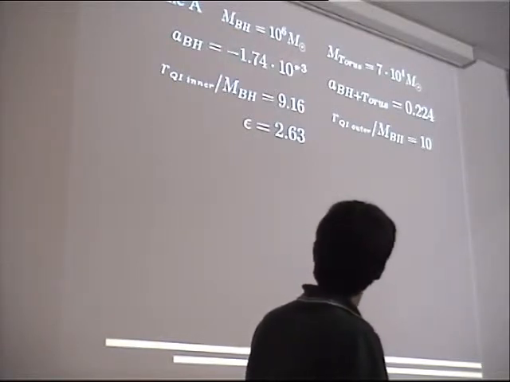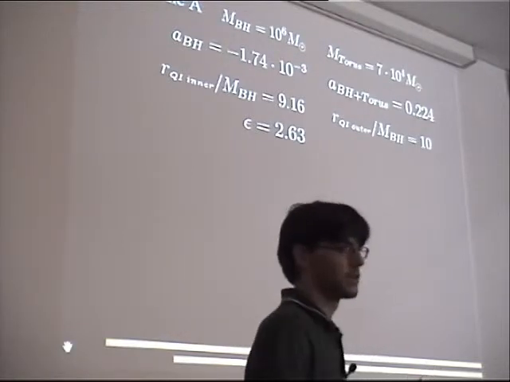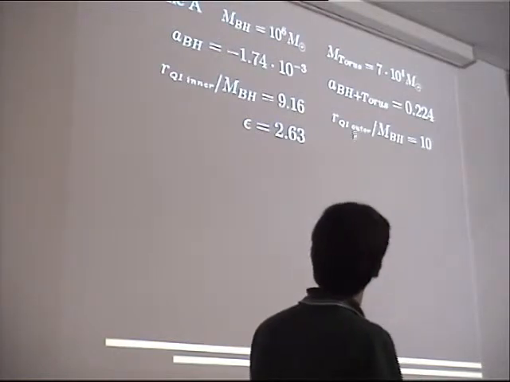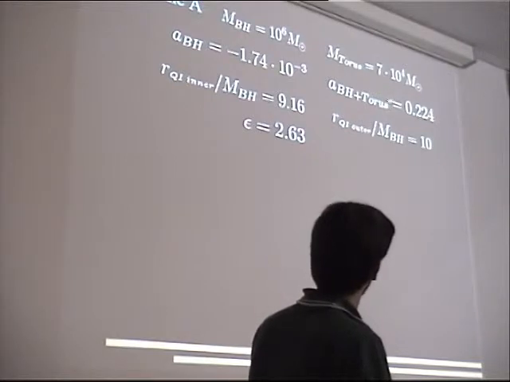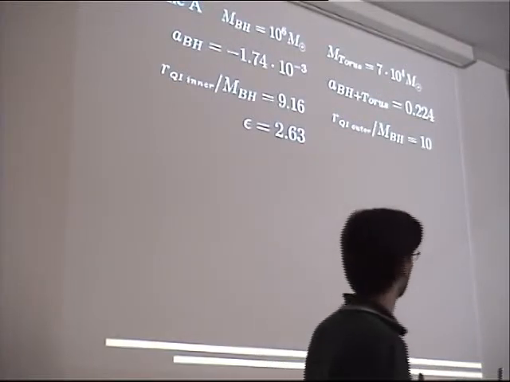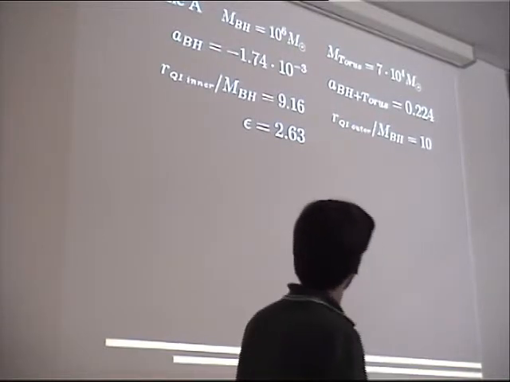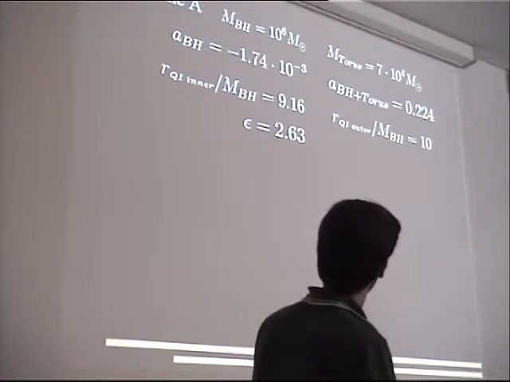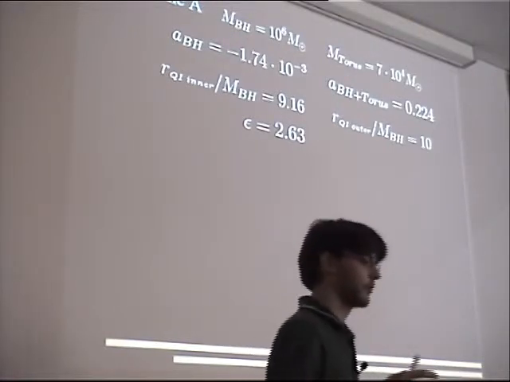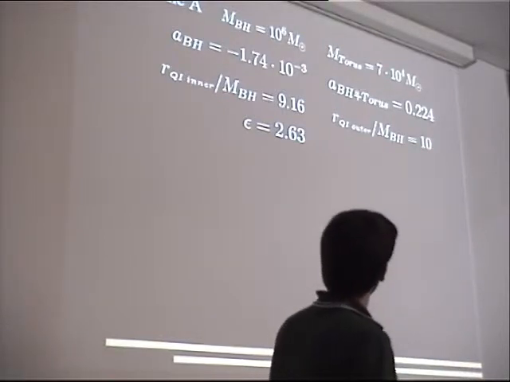The central black hole is almost Schwarzschild. It's slightly rotating in the negative sense, but this is virtually 0. Whereas if you look at the system from very far away, you see an A parameter of 0.224.